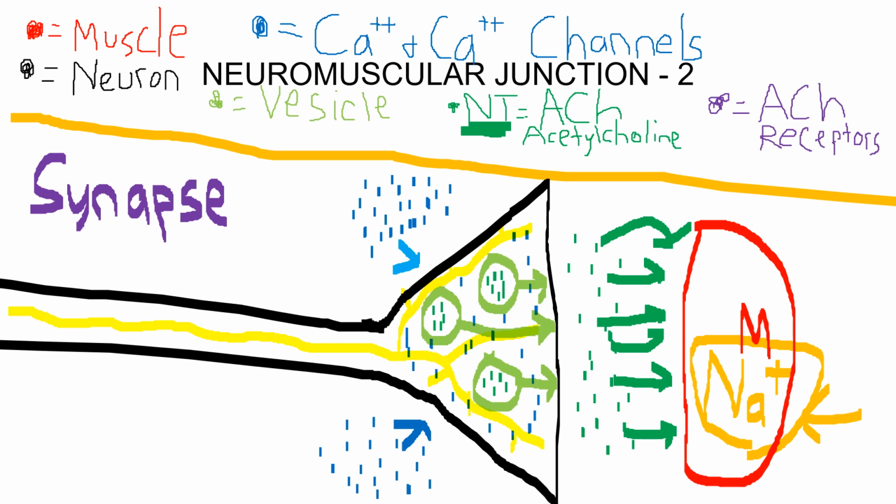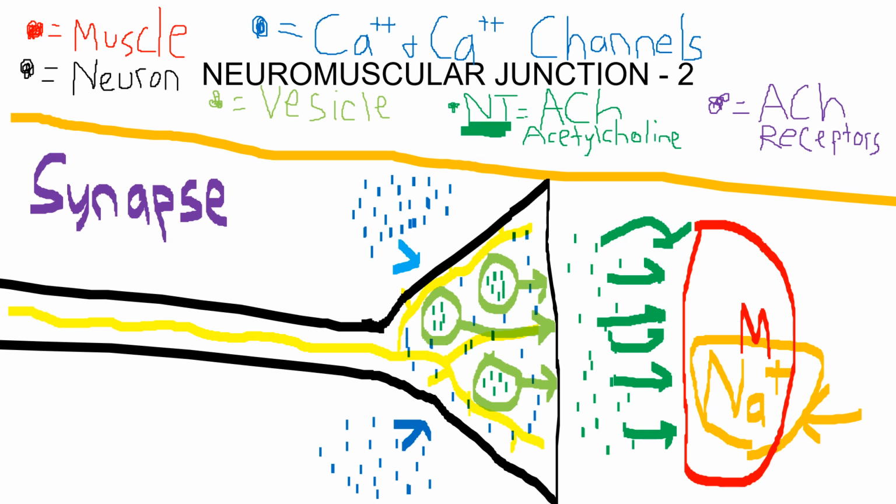Once the protein channels that are sensitive to calcium open up, calcium rushes into the cell. Once calcium rushes into the cell, they force those vesicles to move towards the cleft, towards the edge. Once the vesicles get to the cleft or to the edge, they spit out or they exocytose the neurotransmitter.